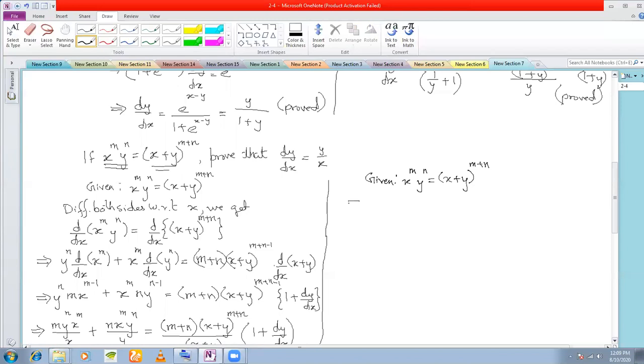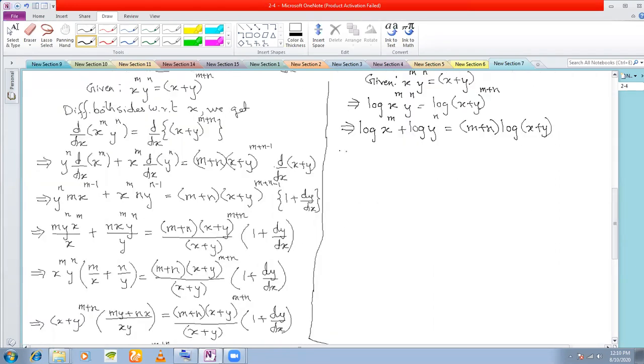So taking log on both sides, log of x to the power of m y to the power of n is equal to log of (x plus y) to the power of m plus n. That means log x to the power of m plus log y to the power of n equals (m plus n) log (x plus y).